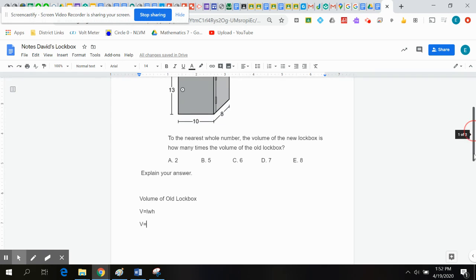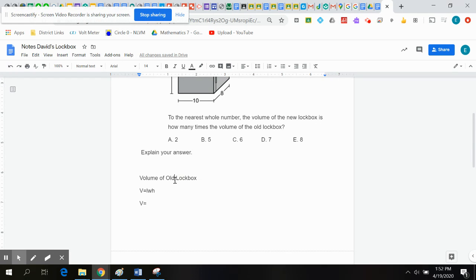Okay, so this is his new lockbox. Okay, let me change this. So the length, it's not 10, it's 10 inches. The width, it's not 8, it's 8 inches. And the height is not 13, it's 13 inches. I need you to be this precise.